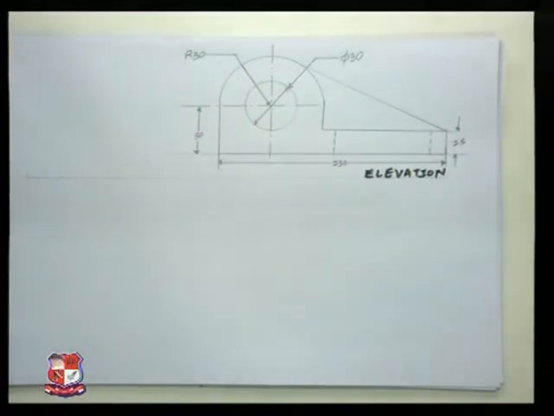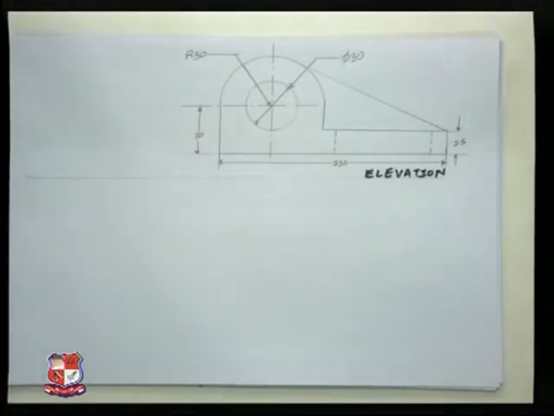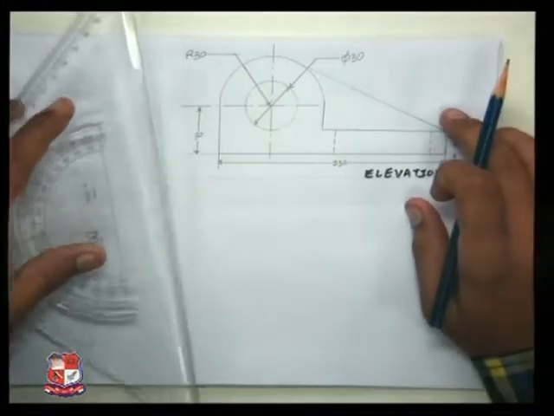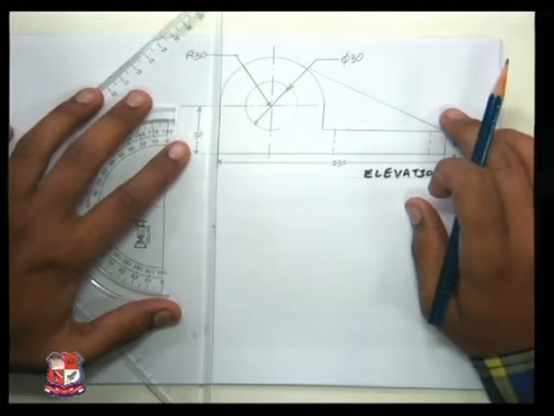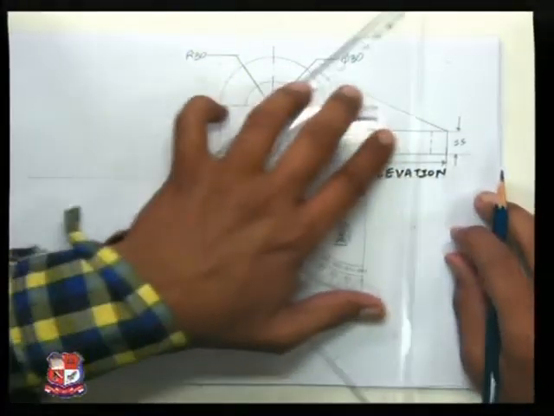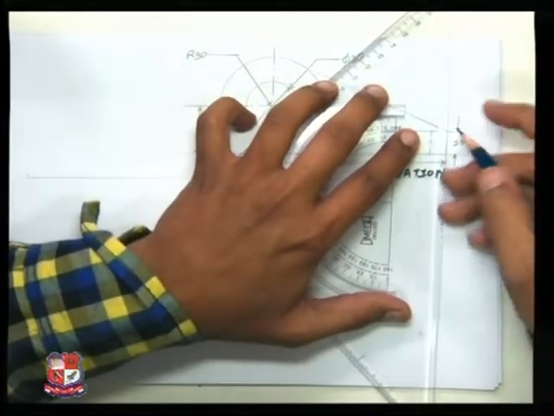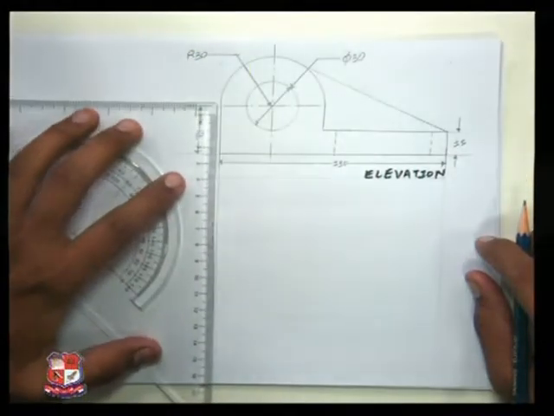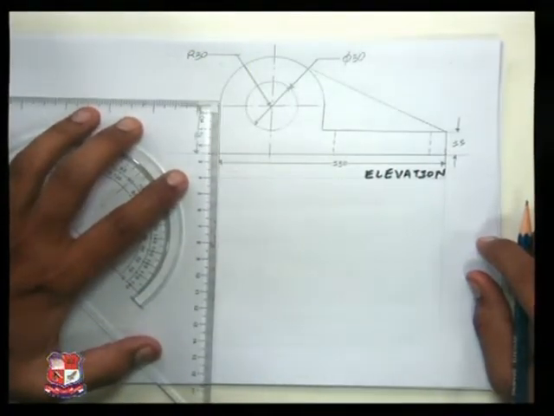Now the next view. The next view is plan. Take the projections of it first of all, so that you can get the maximum width dimension by default.